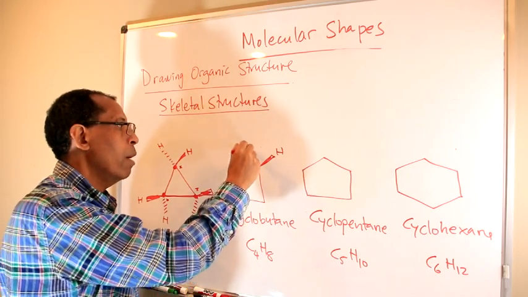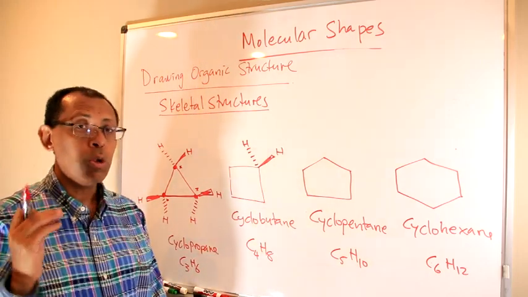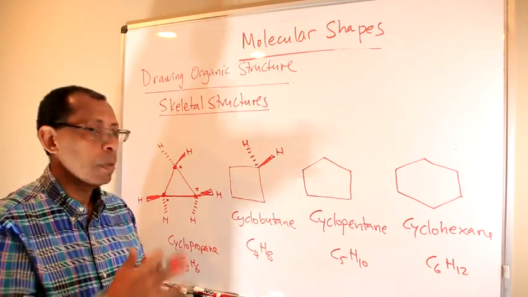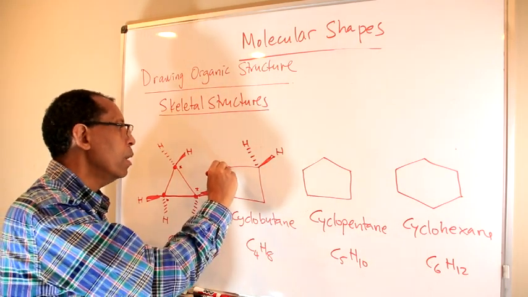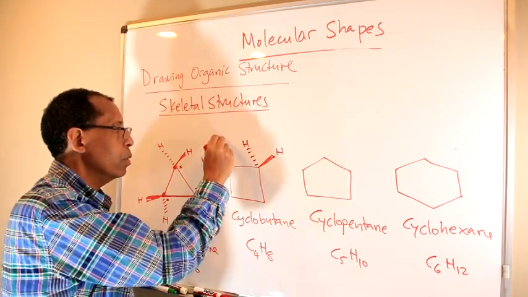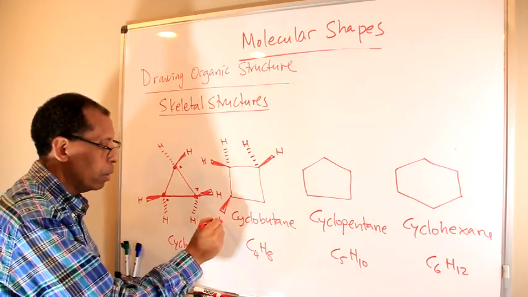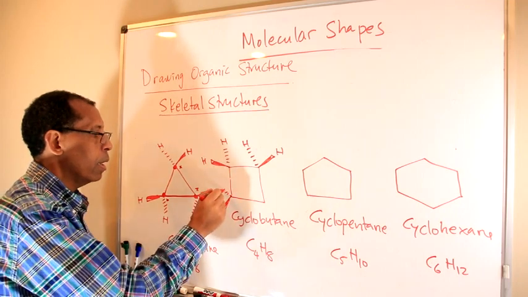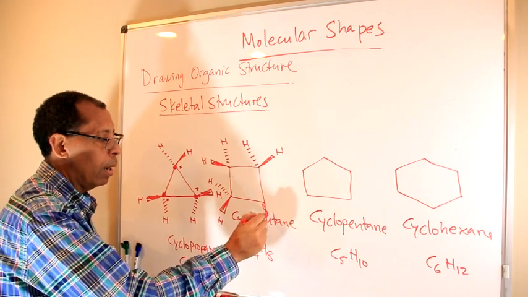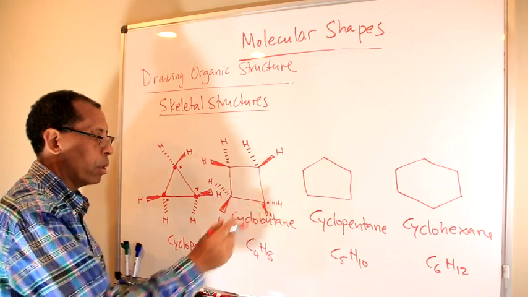So the hydrogens definitely will be in and out of the plane of the board. As I said, 2 groups in a tetrahedral geometry have to be on the plane of the board. Here as well, if I have one hydrogen coming out, the other hydrogen should be going into the plane of the board. Similarly the same, one hydrogen out of the board and the other one into the plane of the board. Exactly the same, hydrogen out and another hydrogen into the plane of the board.